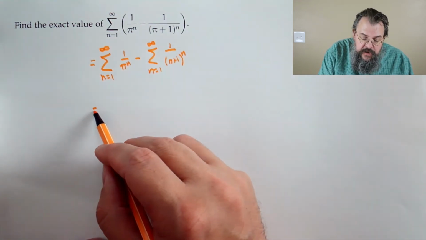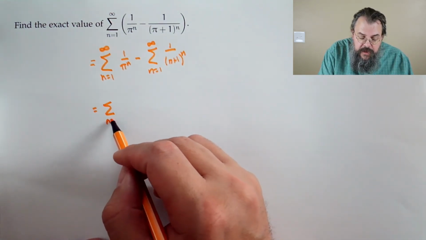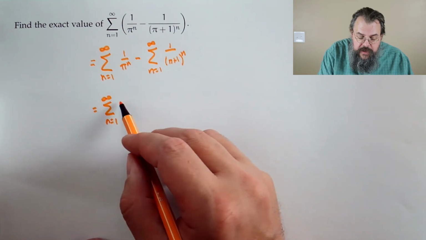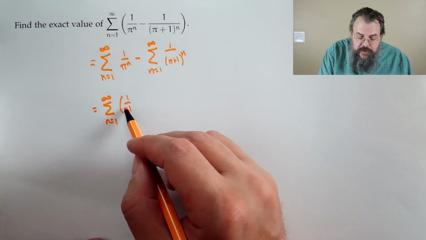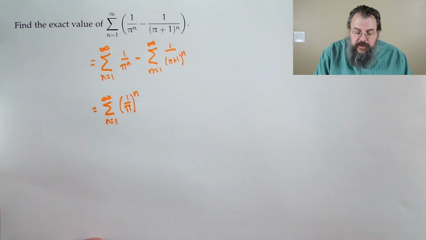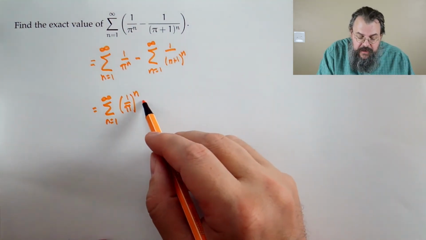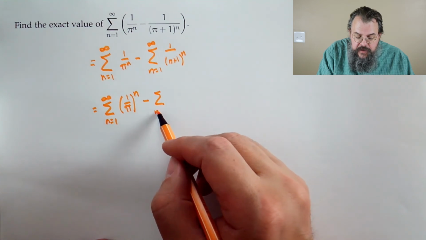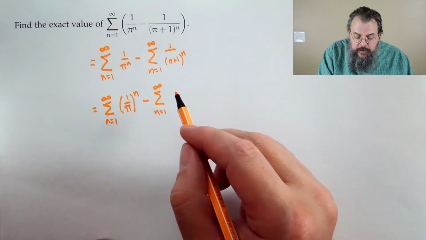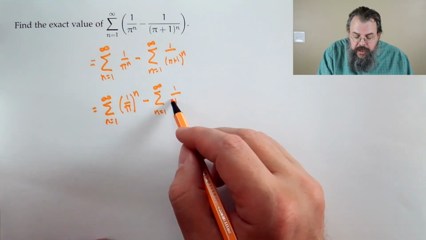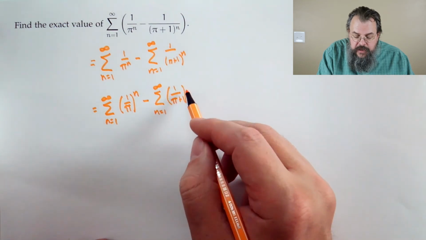And in fact, let's do one more step before we write down what they sum to. Really make it clear. So it's 1 over pi to the power n. And this other term will be 1 over pi plus 1 to the power n.